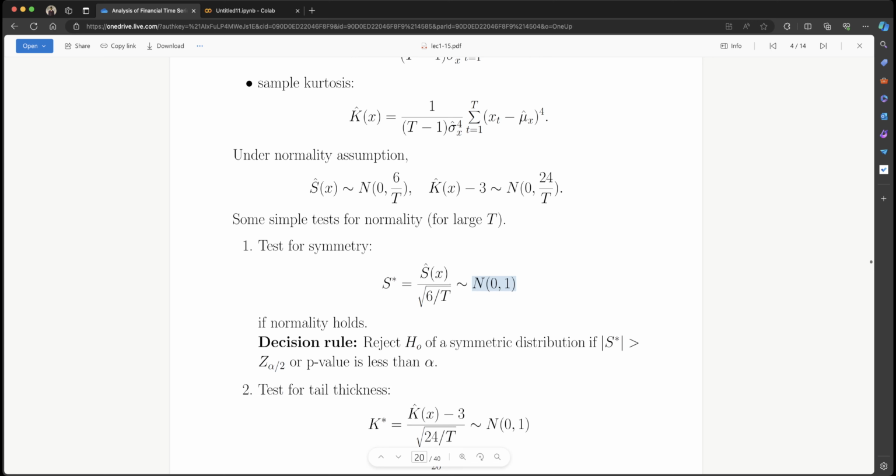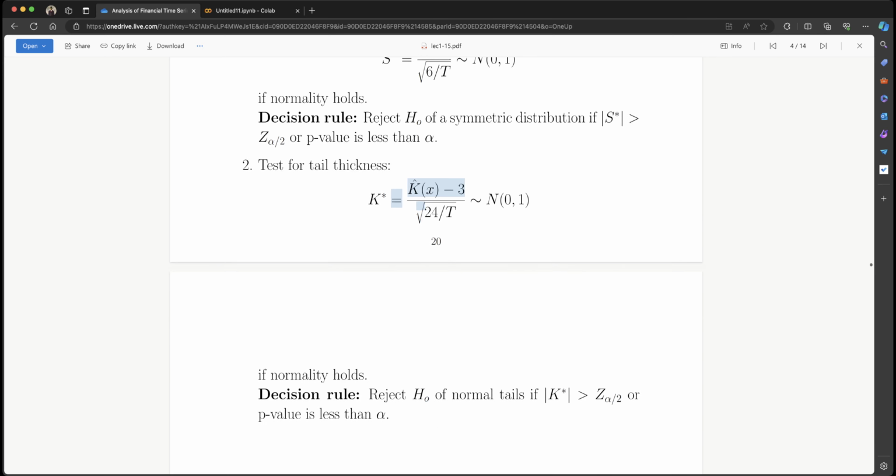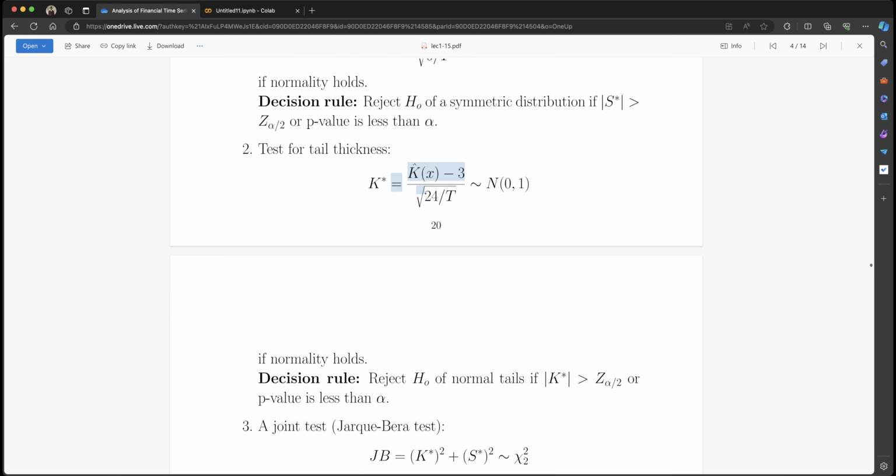We can do a test for tail thickness as well. We know sample kurtosis minus 3 follows a distribution, so we subtract 3 and divide by root of 24 divided by t. Then this should follow normal distribution if the data is from normal distribution. The decision rule is the same. We calculate K star, and if it is too large or too small, usually the rule of thumb is plus minus 2.